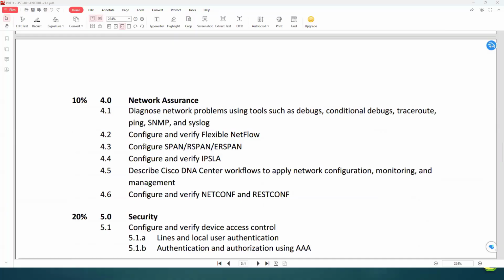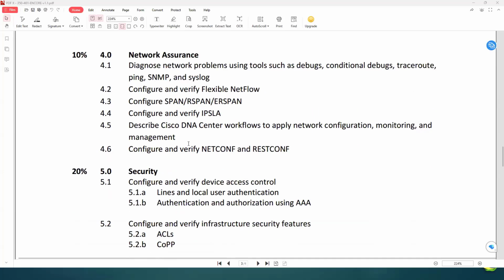Here also we have quite a few configurations, like configuring and verifying Flexible NetFlow, SPAN, RSPAN, ERSPAN, IPSLA. Of course, the one lab I just showed you was IPSLA. And there is some introduction to the software-defined networking part as well. Like, what is the difference between NETCONF and RESTCONF? What are these transport protocols, and how are they used in programmability? That is something we'll see as well.